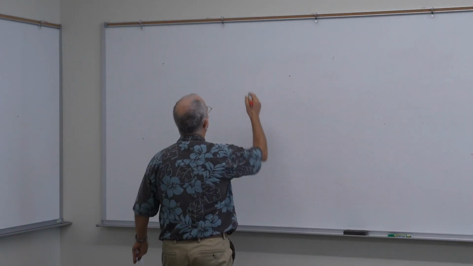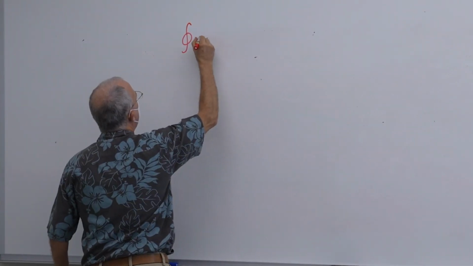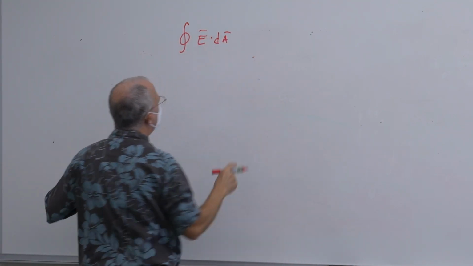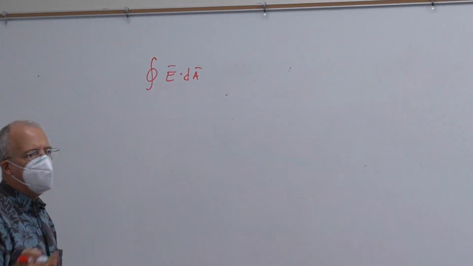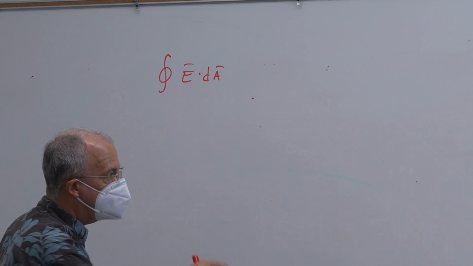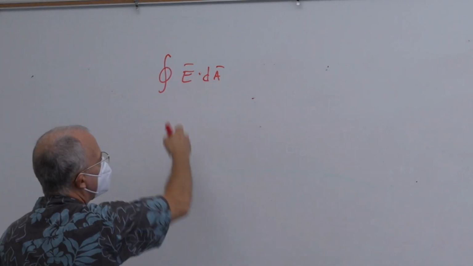Okay, so here's how you do it. Integral of E dot dA. Now there are 3 pieces: 2 end caps and the barrel. This is a surface integral, so you have to do the entire surface.